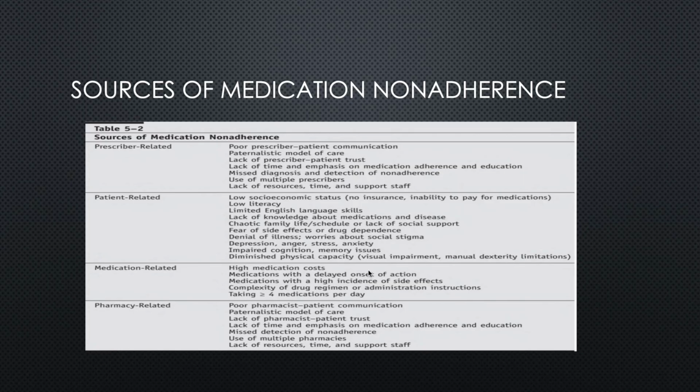Medications with a delayed onset of action can definitely be a cause of non-adherence, because if they're taking a medication and they're not noticing any benefit from it, they're going to think it's a waste of time. They're going to stop taking it. Medications with a high incidence of side effects, again, if patients are experiencing lots of side effects, that may scare them from taking the medication.